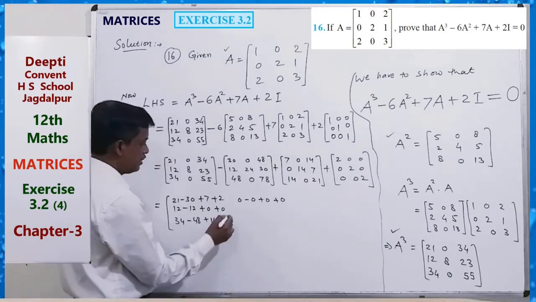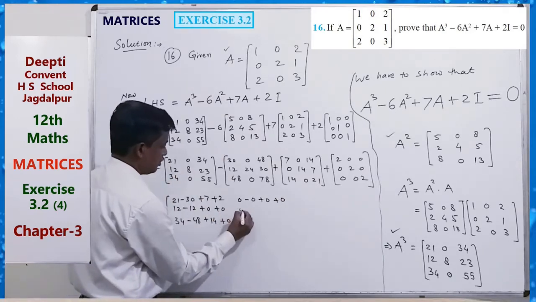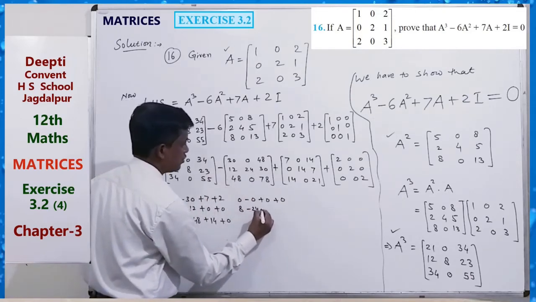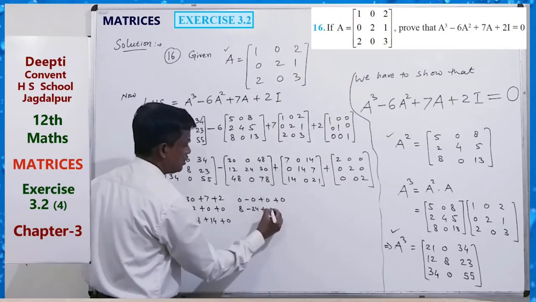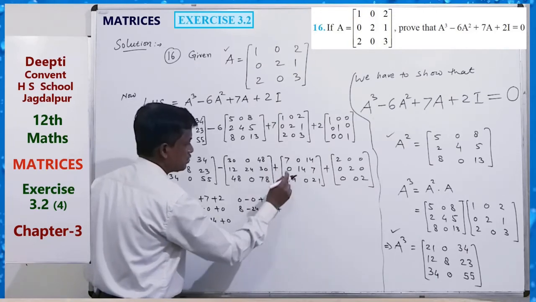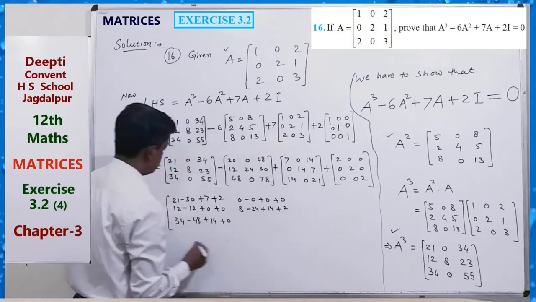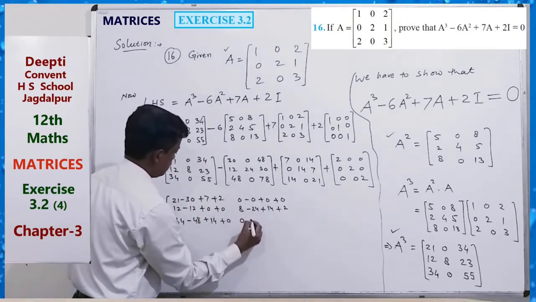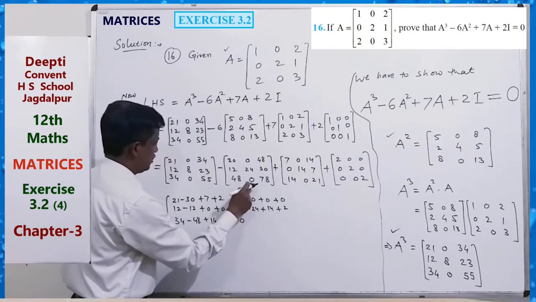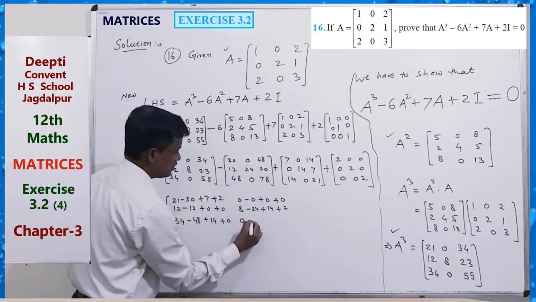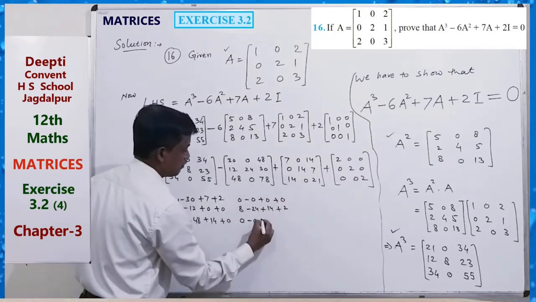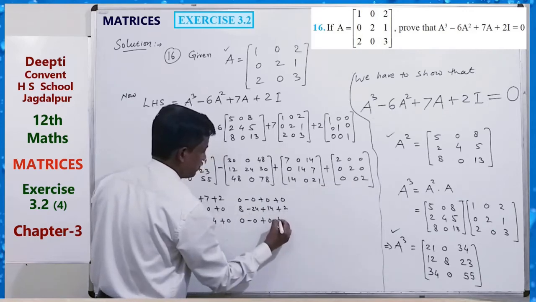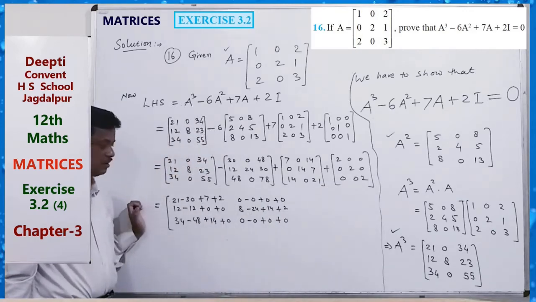Okay. Similarly, 8 minus 24 plus 14 plus 2, that is 0. Just this element, 0 minus 0 plus 0 plus 0. Clear?